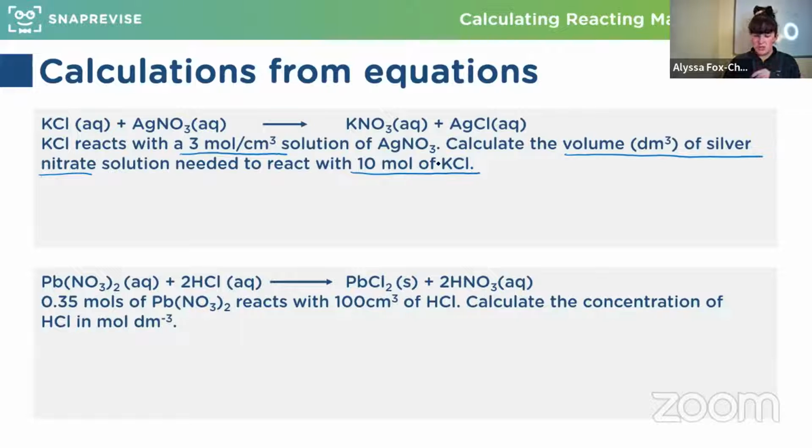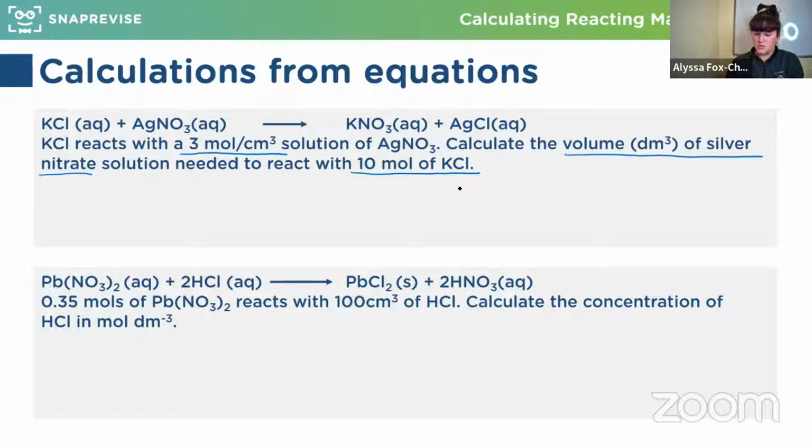So I can't just use the moles of KCl straight away, because I haven't got moles of silver nitrate, I've got moles of KCl. What do I need to do? Even if it doesn't result in a change of a number, what do I need to recognize first with these reactions?